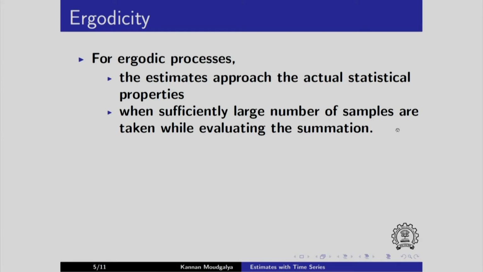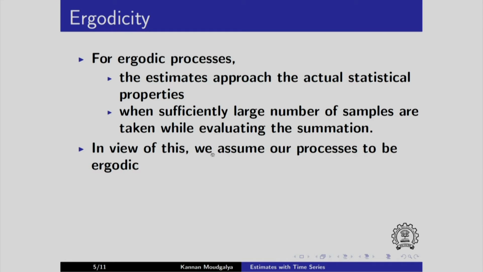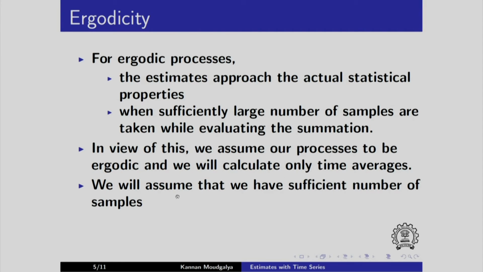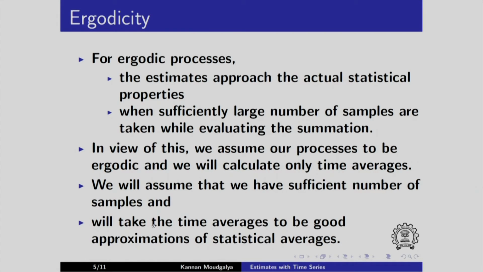In view of this, we assume our processes to be ergodic and we will calculate only time averages. We will also assume that we have a sufficient number of samples and we will take the time averages to be good approximations of statistical averages.